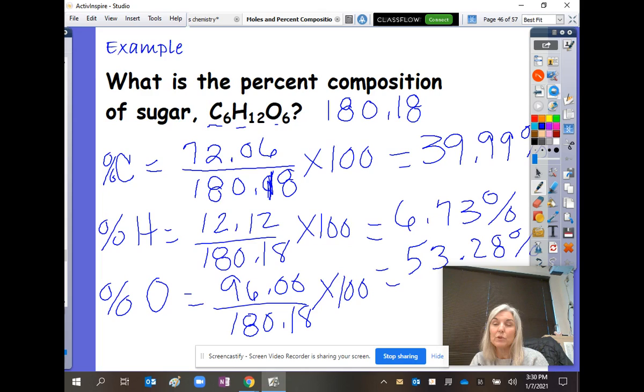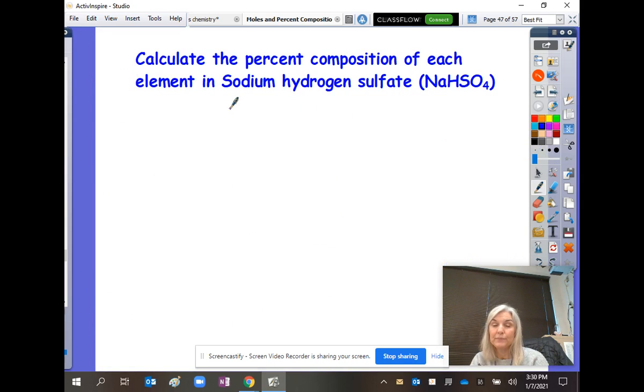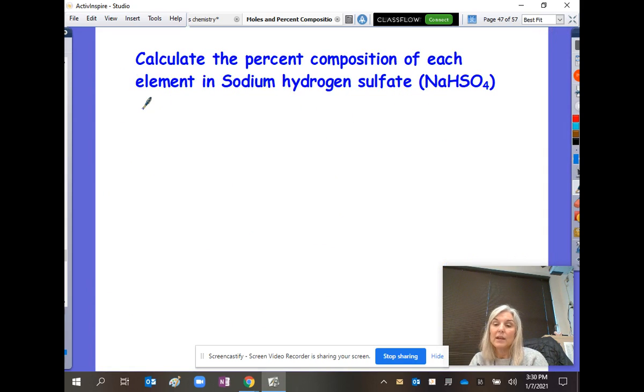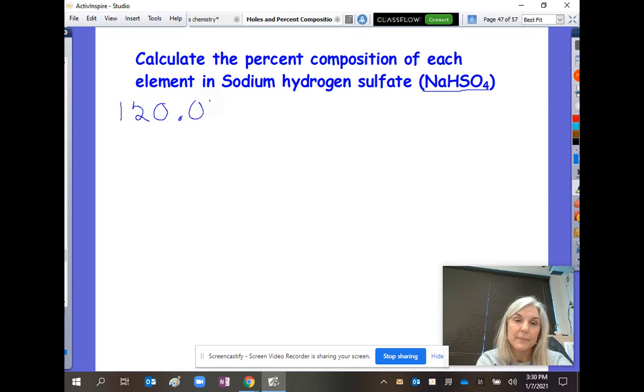In our last problem, you're going to do a little bit more on your own. So again, our first step is to find the total molar mass of the NaHCO3, and that gives us 120.07. So we go by each element, the percent of sodium.